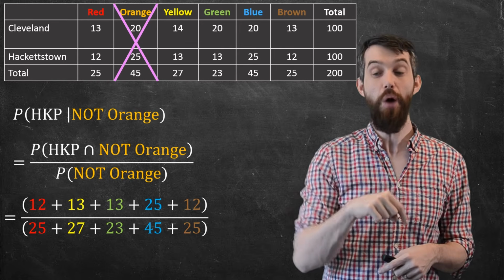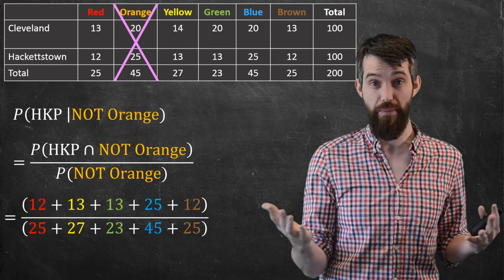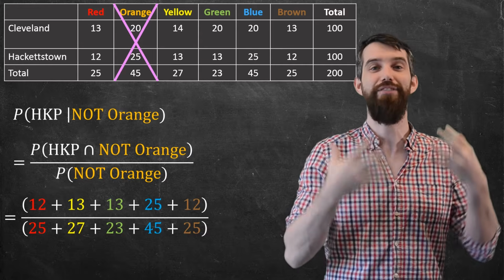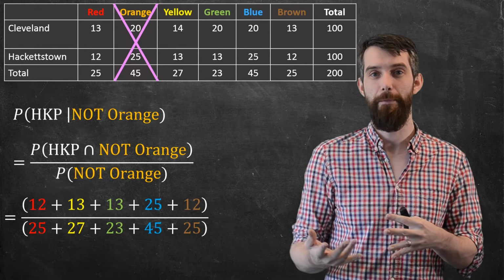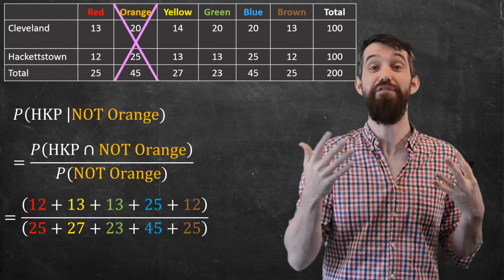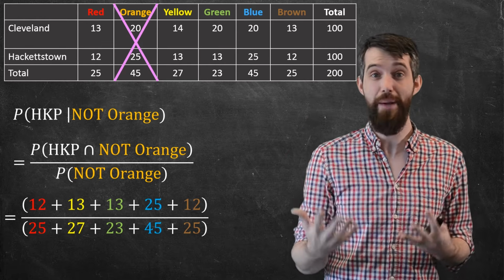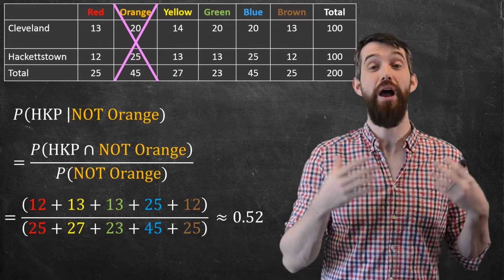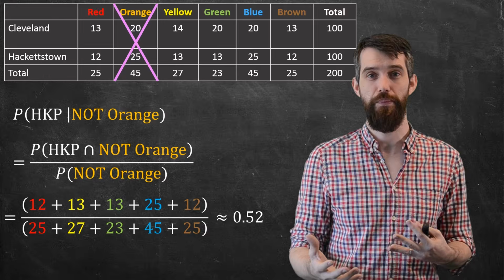And then in the denominator, I'm going to put in the total number of ones that are not orange. Well, there's 25 total reds, and there's 27 total yellows, and so on. If I want to, I could divide the top and the bottom by the 155, the number of total M&Ms, but it's going to cancel anyway, so I didn't write it down. Nonetheless, you add these numbers up, and you get approximately 0.52.